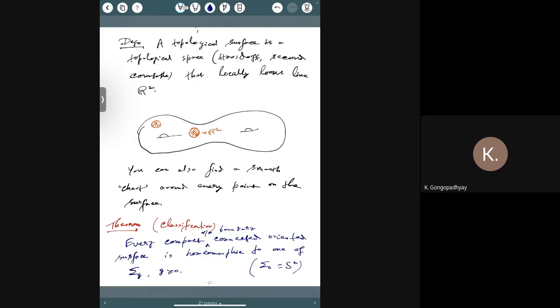All right. So this is the classification theorem, and this is the starting point for us to get into Teichmuller theory. Okay, so this is one thing that we would like to know.